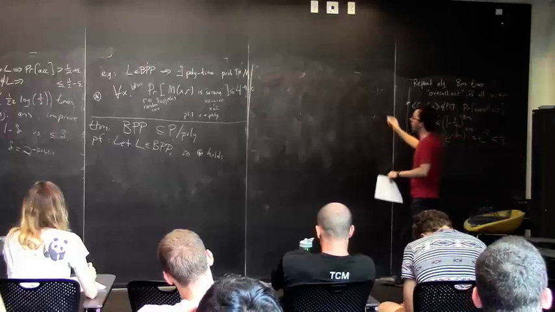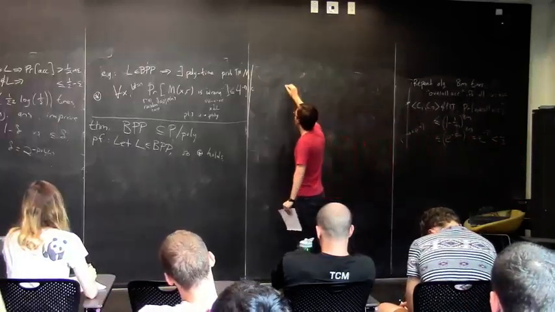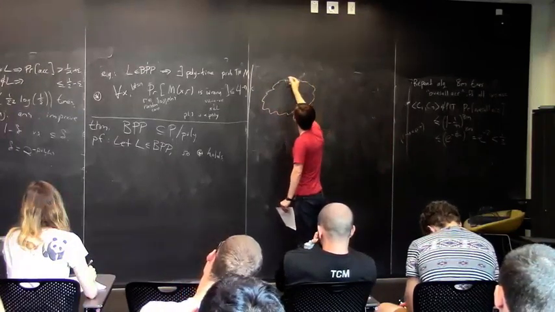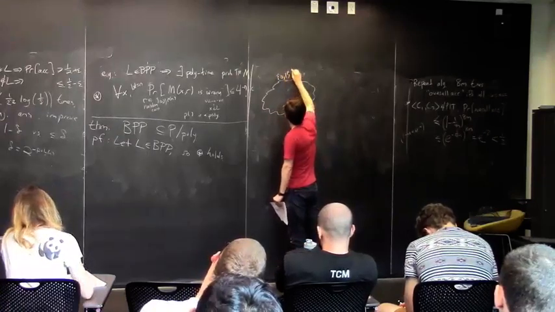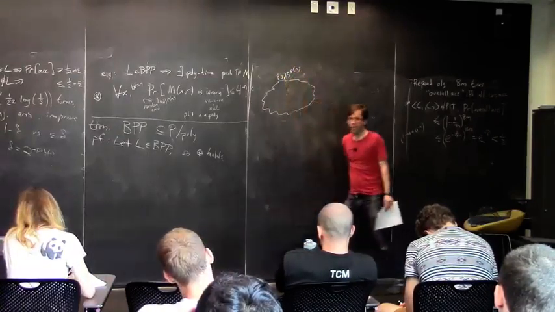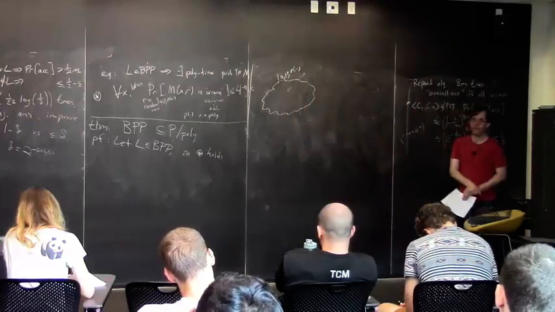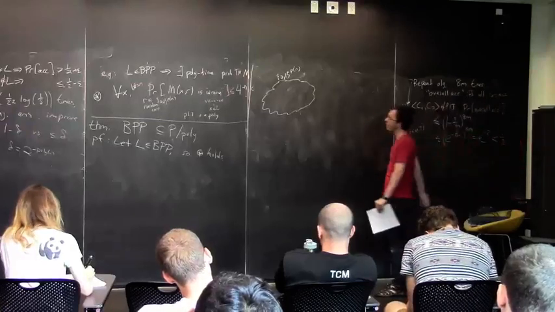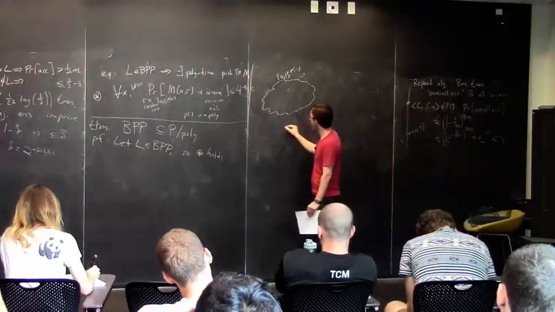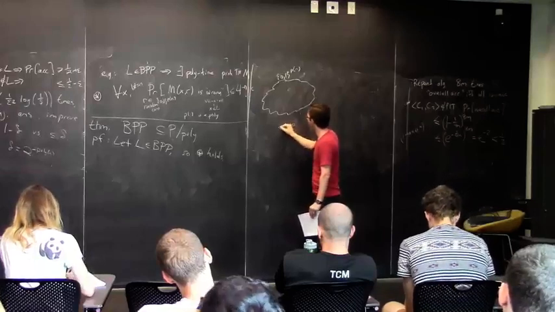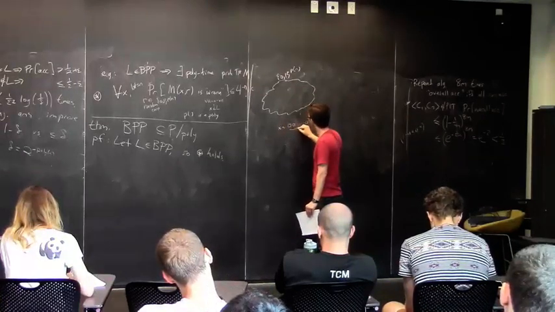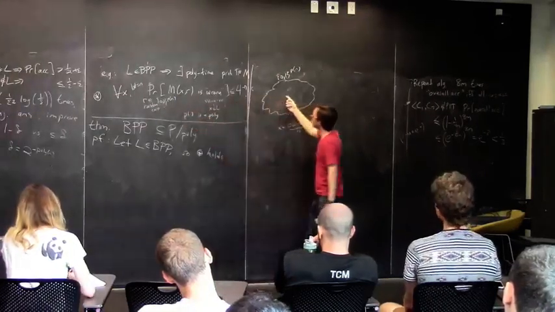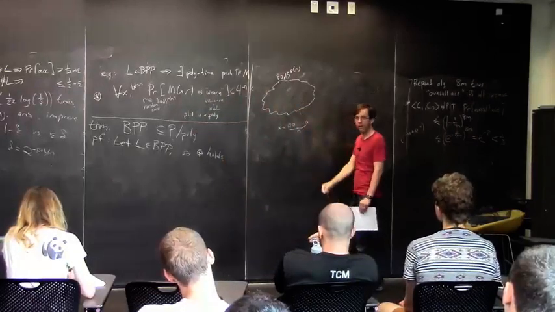So what is the picture here? Imagine we fix an input length n, and let this cloud be all strings of length p of n, where p of n is the number of coins that M uses on inputs of length n. What is the star fact saying? For any particular input, let's say the all zeros string of length n, only an extremely small fraction of strings in here, when used as R, give the wrong answer.